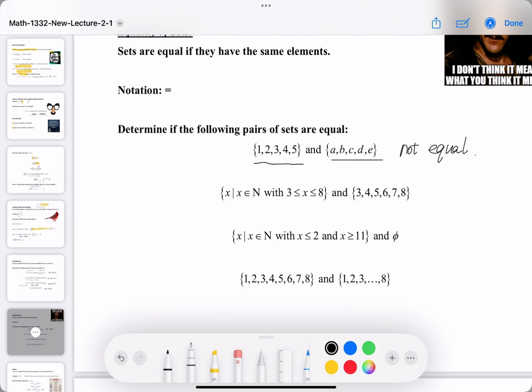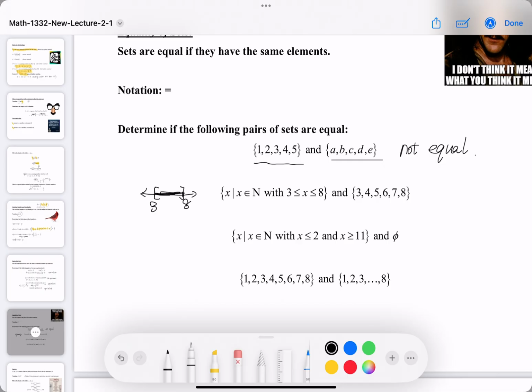Next one, for all of the x such that x is an element of the natural numbers with x greater than or equal to 3, less than or equal to 8. If I have a number line, this is 3, this is 8. And x is between 3 and 8, including 3 and 8 because of the equal sign.